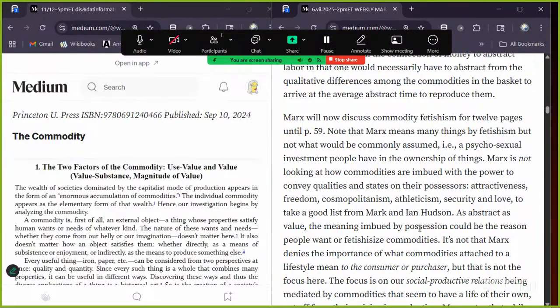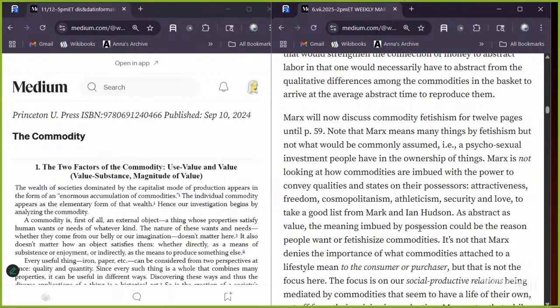Note that Marx means many things by fetishism, but not what would be commonly assumed, i.e., a psychosexual investment people have in the ownership, the possession of things. Marx is not looking at how commodities are imbued with the power to convey qualities and states on their possessors. That is, attractiveness, freedom, cosmopolitanism, athleticism, security, and love, to take a good list from Mark and Ian Hudson.